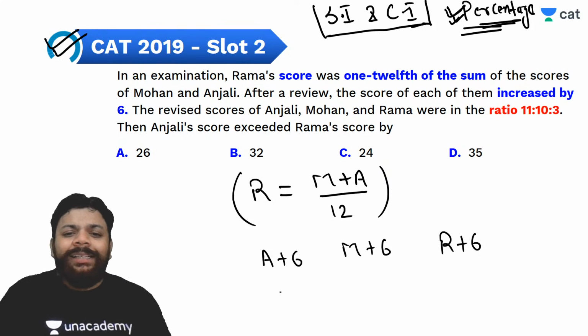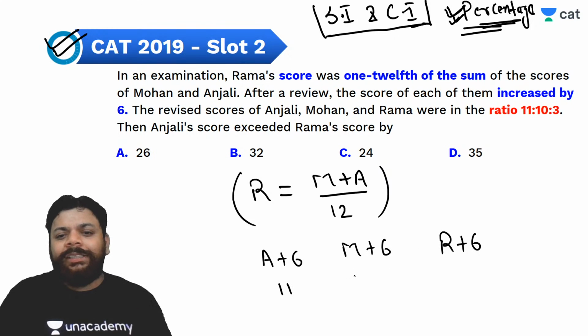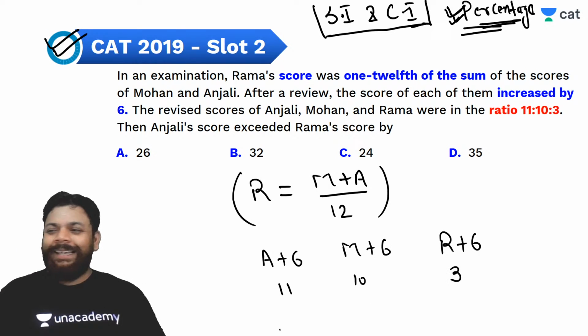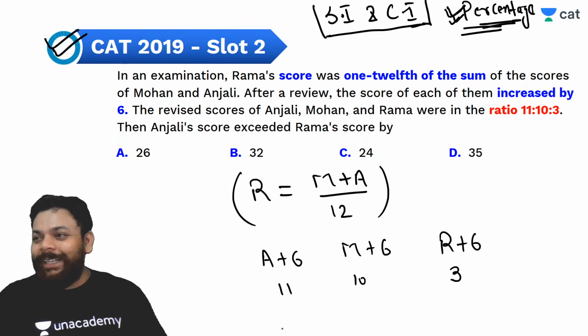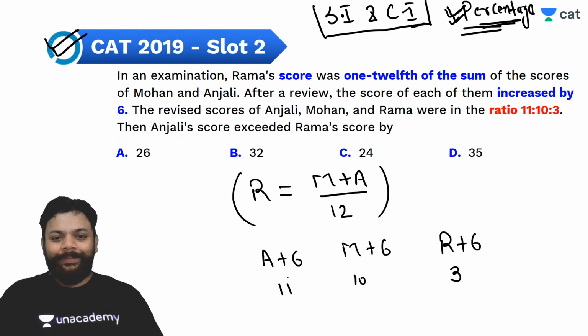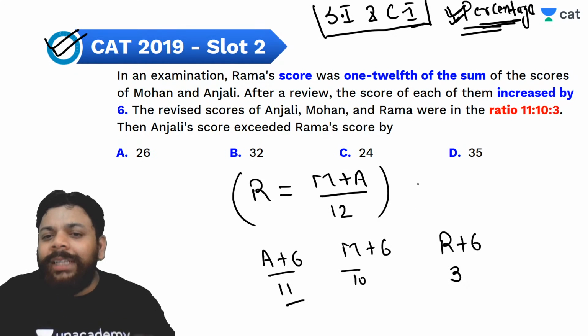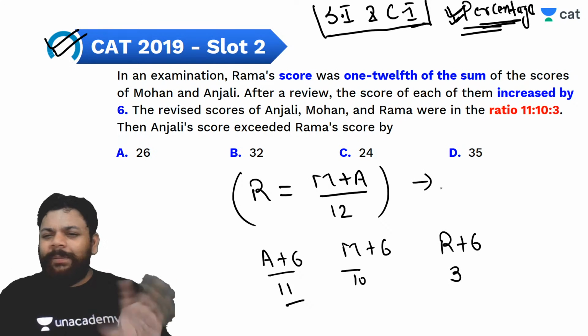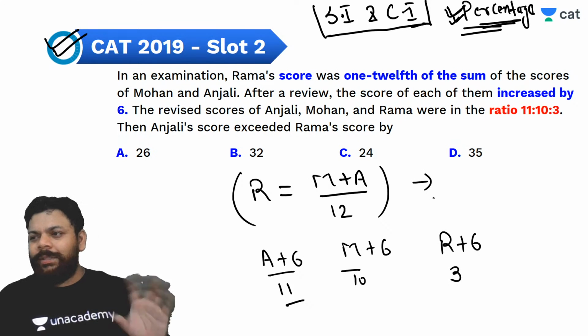And now this is in the ratio of 11:10:3. Okay, exam में क्या था? चलो, very good, experience matters. So from this, the first thing that we can write is, obviously अभी नहीं समझ में आएगा, but आगे हो सकता है समझ में आएगा.